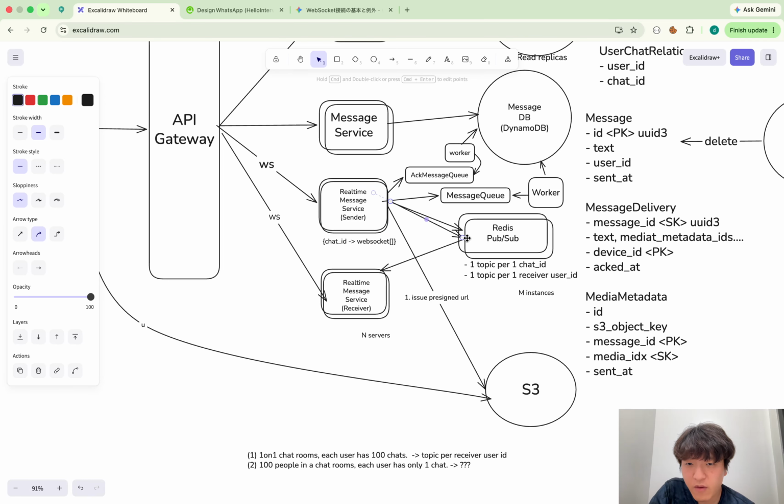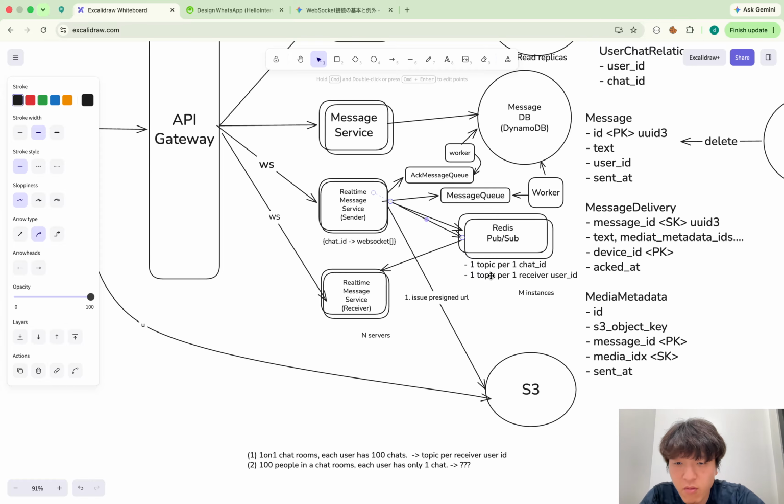Then a message in a topic is sent to one specific user, because this is now one topic per receiver user basis. So the message is sent to one specific server to which that user's WebSocket connection is attached. So in this case, the real-time message service server as a sender does the fanout.